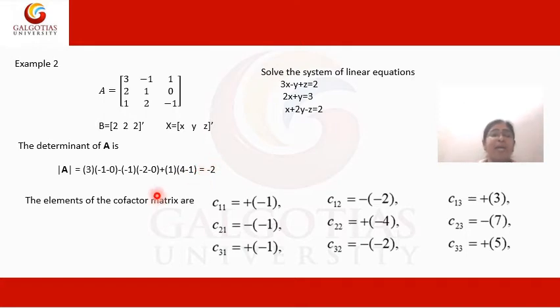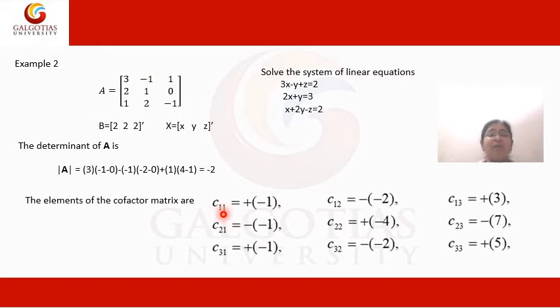Then to find the cofactors, how do we find them? First of all, you have to find the minors of this matrix, then you will find the cofactors.